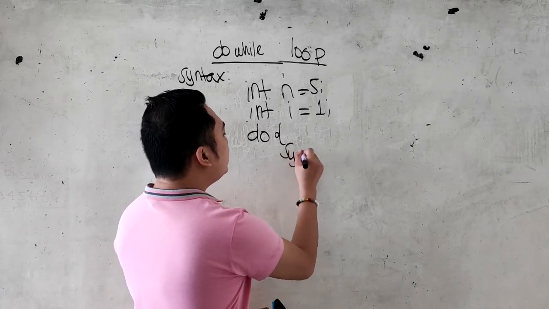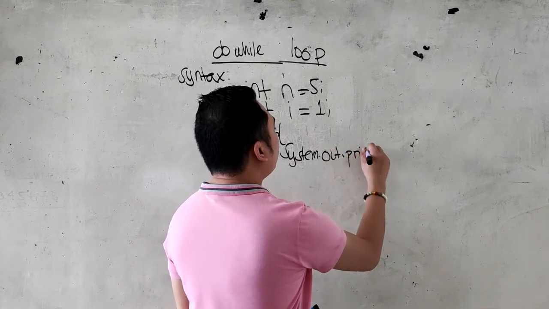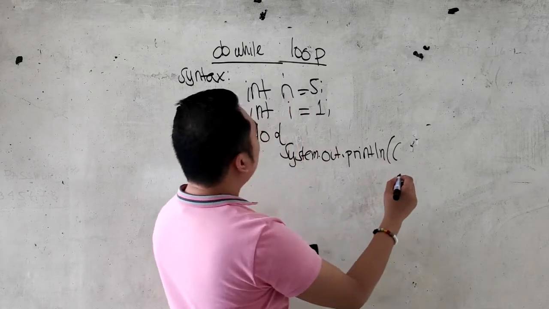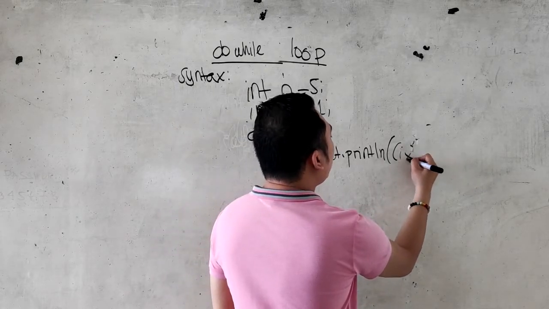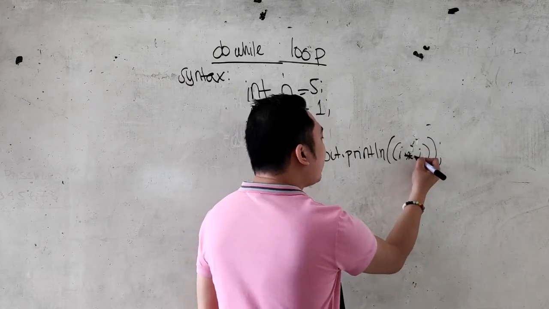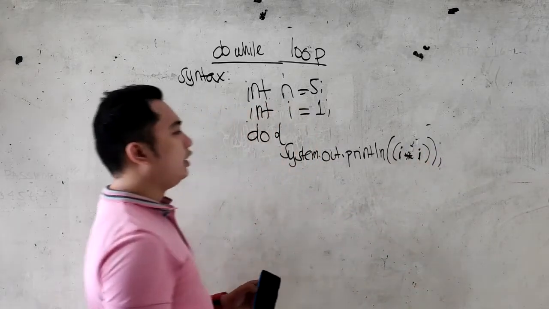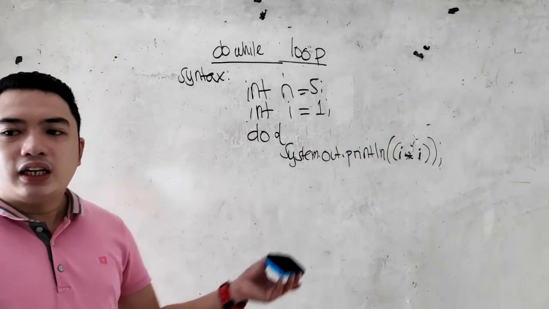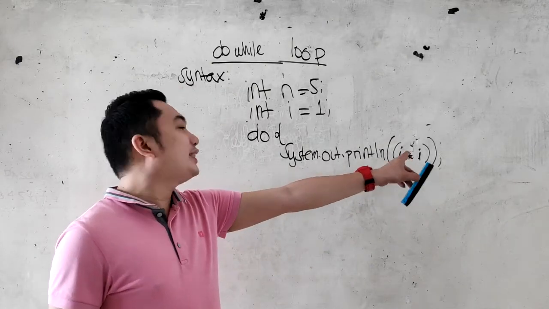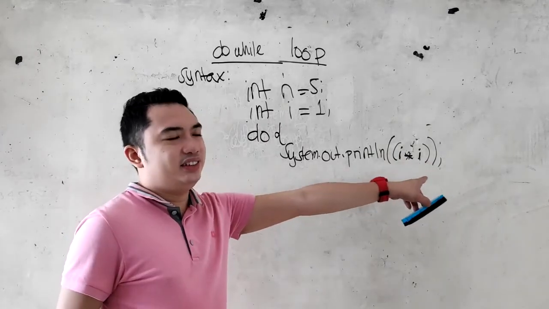So I will write System.out.println, and then I write here i times i. So that's our statement to display, i times i.